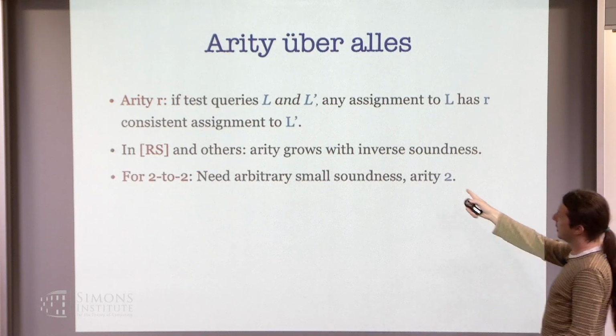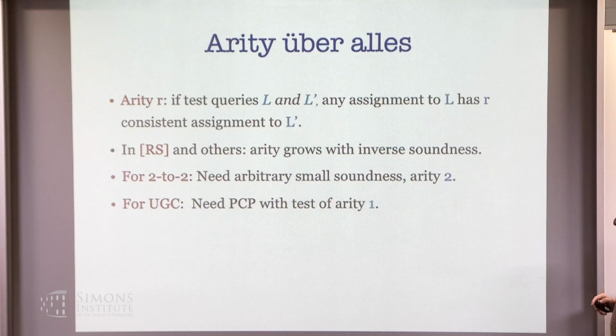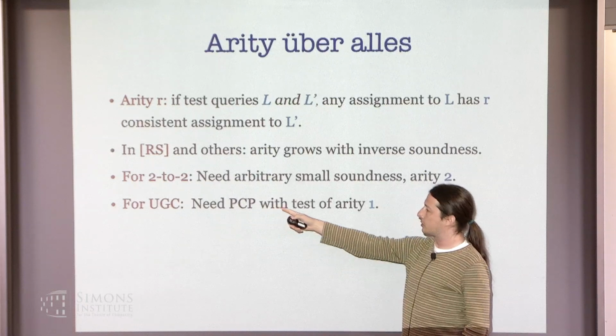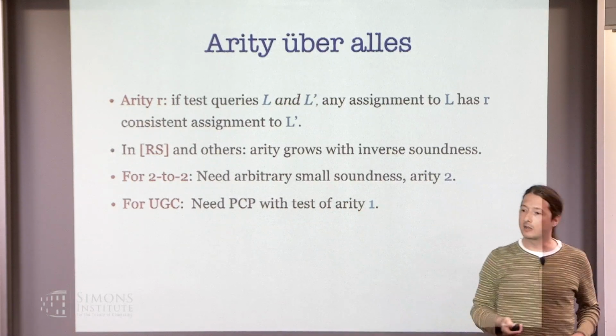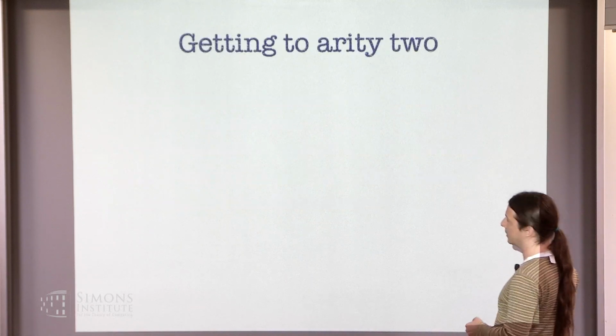So we need Arity 2, and in some sense, if you want the unique games conjecture, not the 2-to-2 conjecture, you need Arity 1, which is not clear, so that's why we don't know how to attack it.